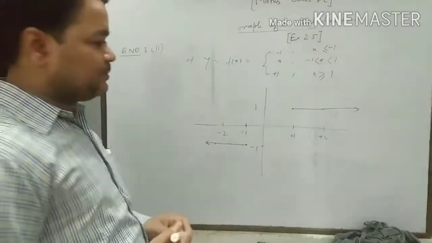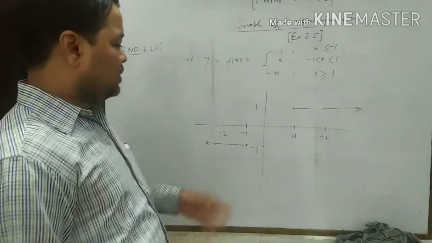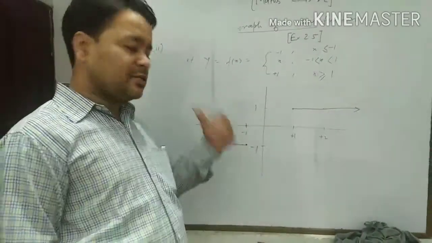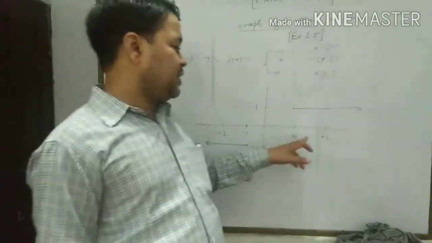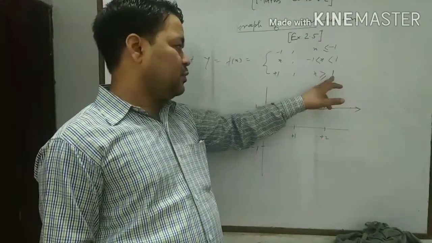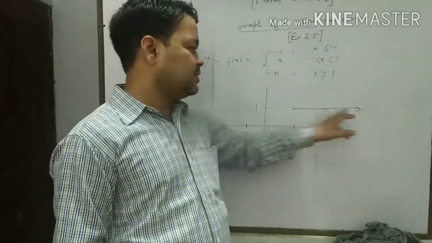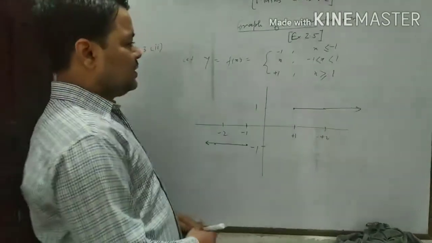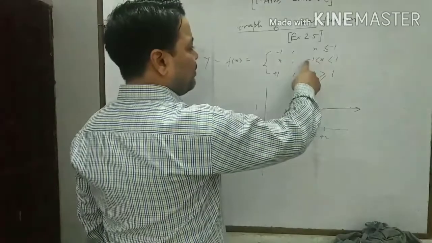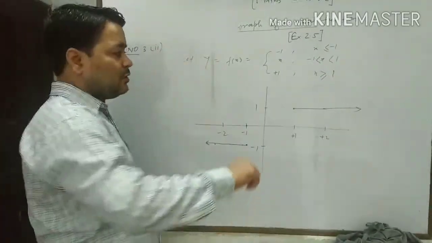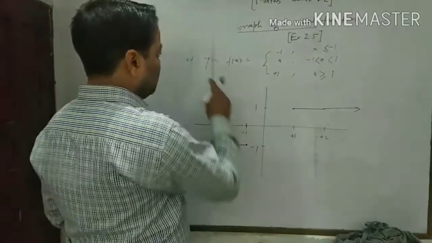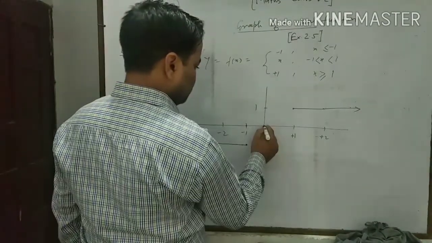Is it clear? When we take x equal to minus 1 or less than minus 1, it will be constant like this way. And if we take x equal to 1 or greater than 1, then it will be like this way. But when we take x from minus 1 to 1, if we take 0, then the value of y will be 0.